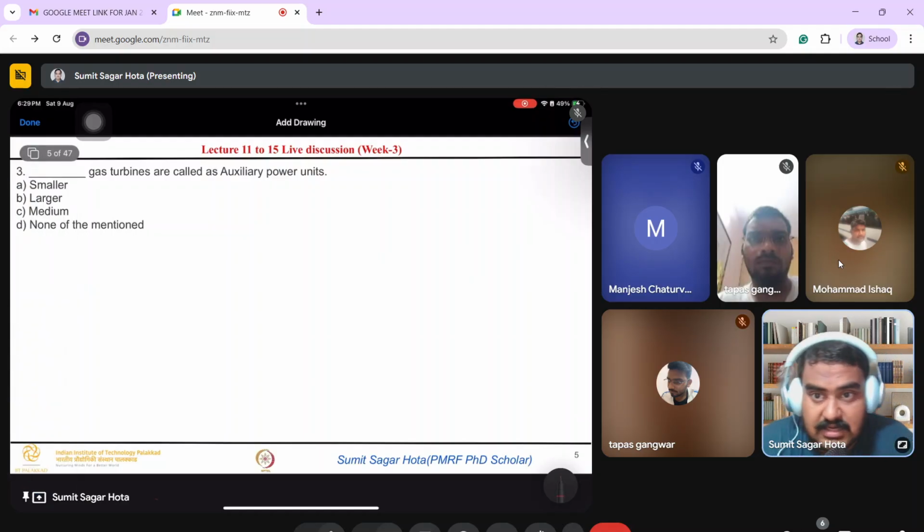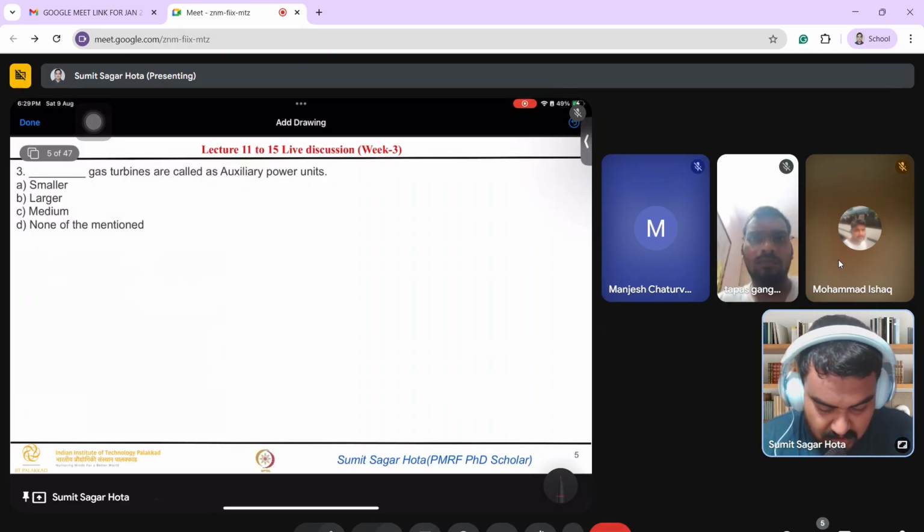Dash gas turbines are called auxiliary power units.